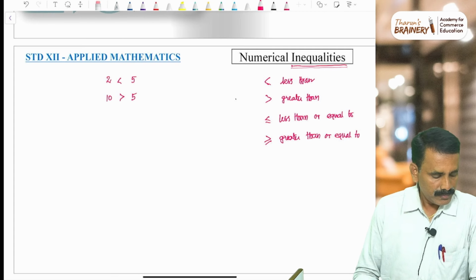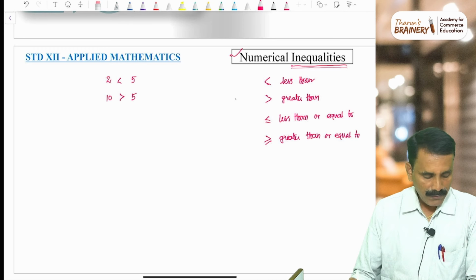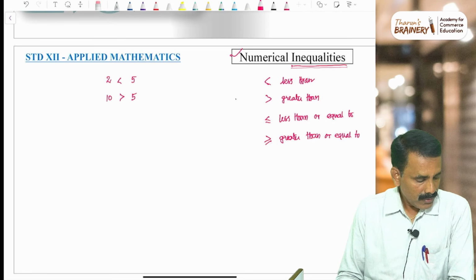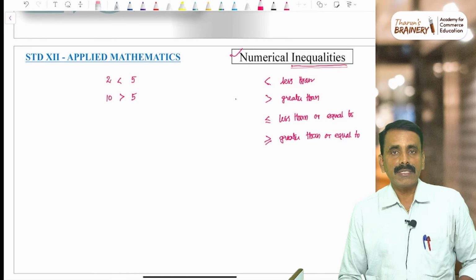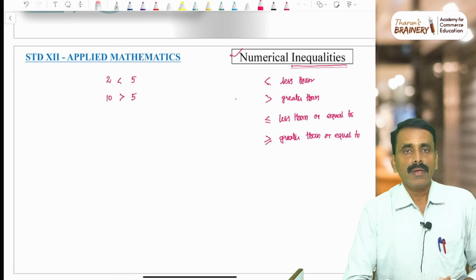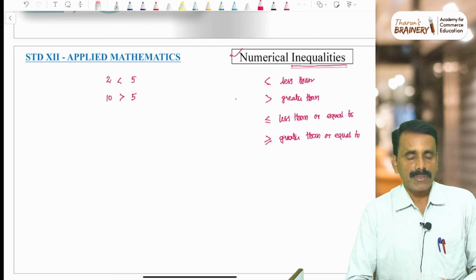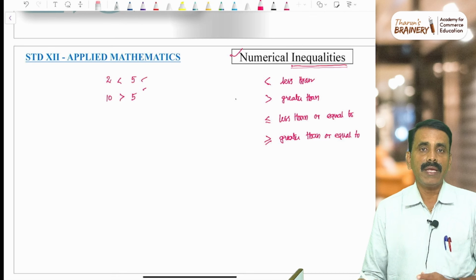So now numerical inequalities, how it is defined? Two real numbers or two algebraic expressions connected by the sign less than, greater than, less than or equal to, or greater than or equal to is called as inequalities. That is, it can be numbers or it can be expression.